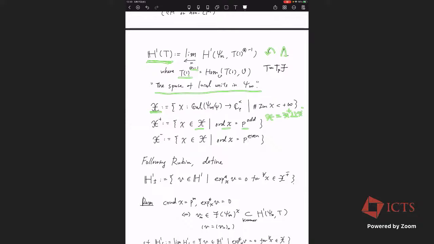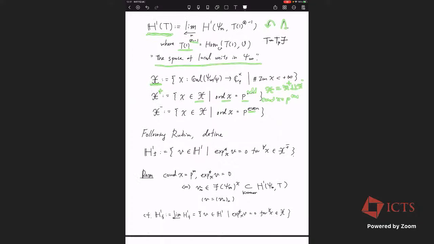It seems a little bit strange, but actually the conductor of χ is p to an even power, so the conductor of χ and the order of χ differ by one. If we use the conductor instead of the order, plus means even. So it is a matter of normalization.